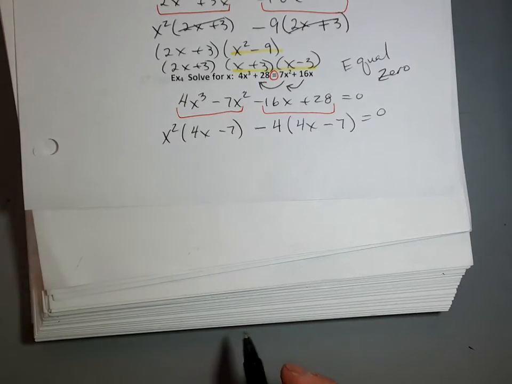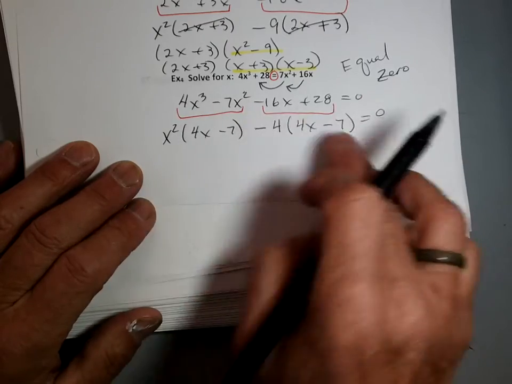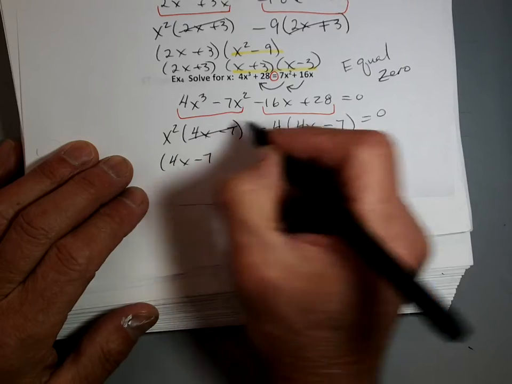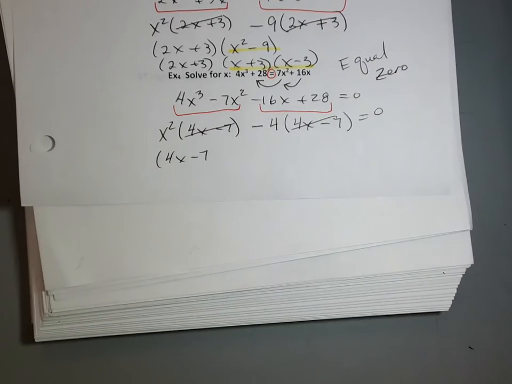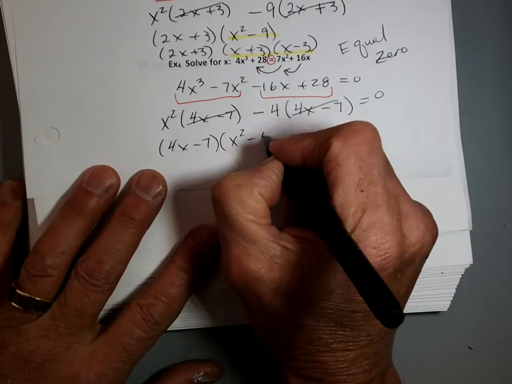So then, what do the two pairs have in common? Yeah, 4x minus 7. And I like to cross them out too, Penelope, because then it doesn't confuse me, right? I cross them both out. I've taken them out, right? What's left over? X squared minus 4.